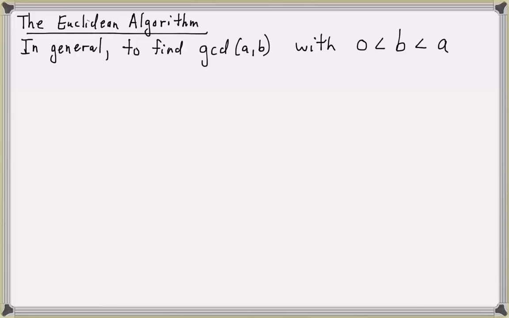We also know that the GCD, if A and B were equal, would just be the absolute value of A. So really the only general case we need to consider is when A and B are both positive and one is bigger than the other.